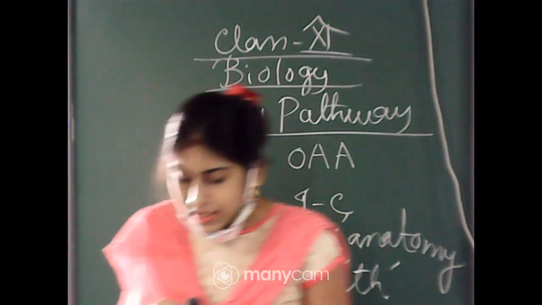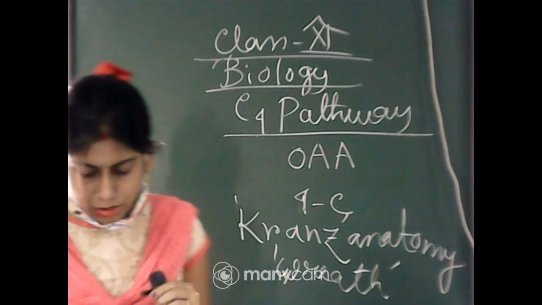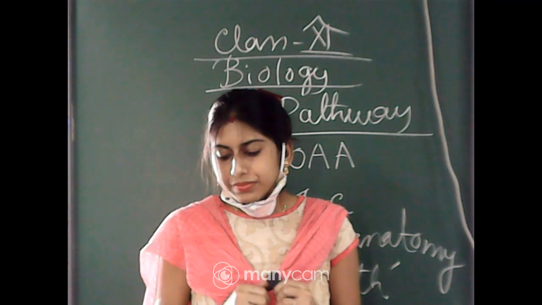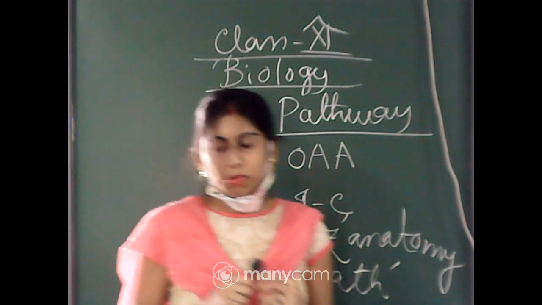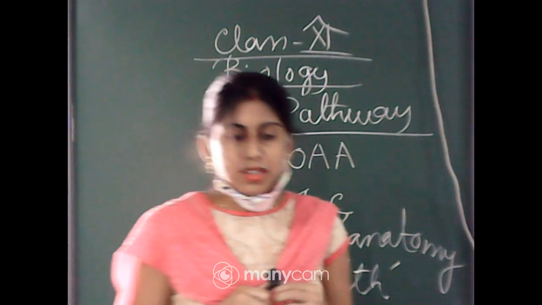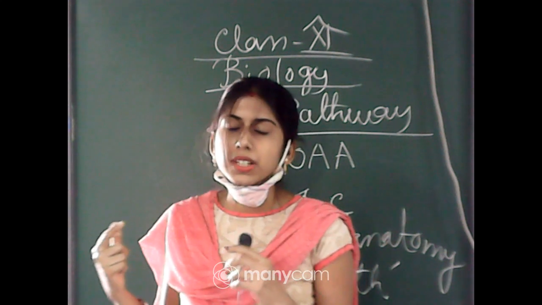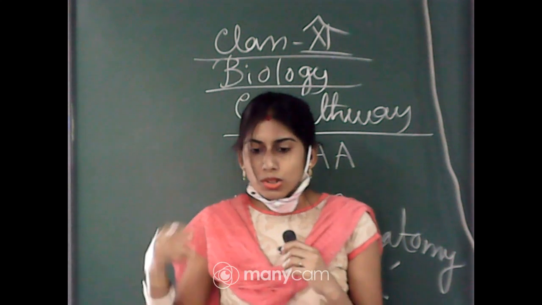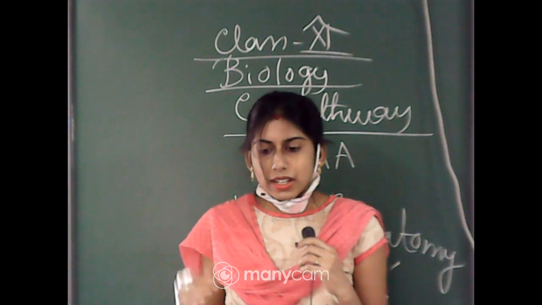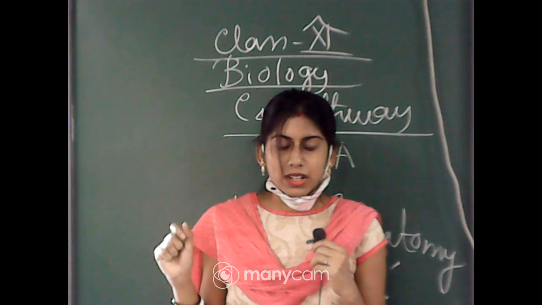You can see that two parts are over there. First one is the mesophyll cell, and under this there is a bundle sheath cell. Why are bundle sheath cells present quite inside? Because these plants survive in high temperature regions, and the Calvin cycle will occur only at a suitable temperature.